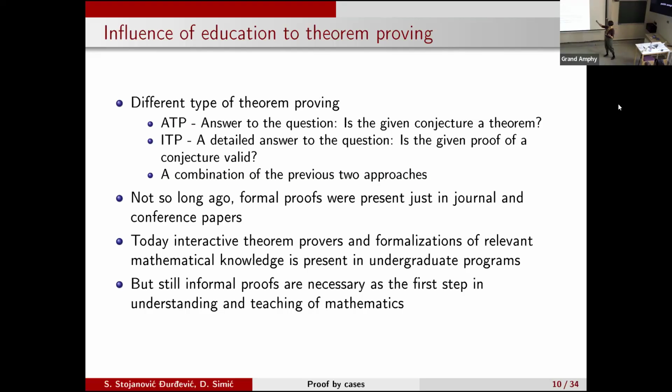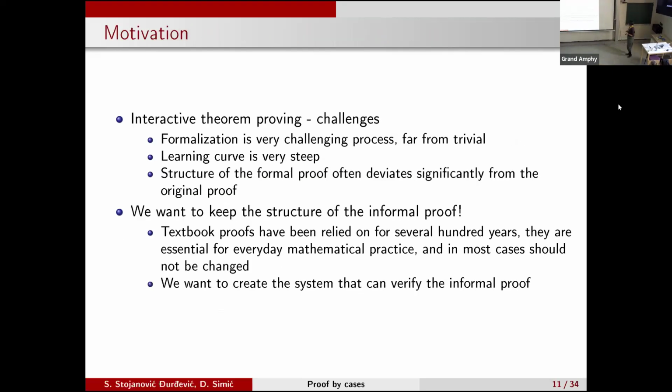But again, I want to return to the informal proofs. Why? Because if somebody wants to learn interactive theorem proving, it has a very steep learning curve. As you progress and learn more interactive theorem proving languages, it gets easier.